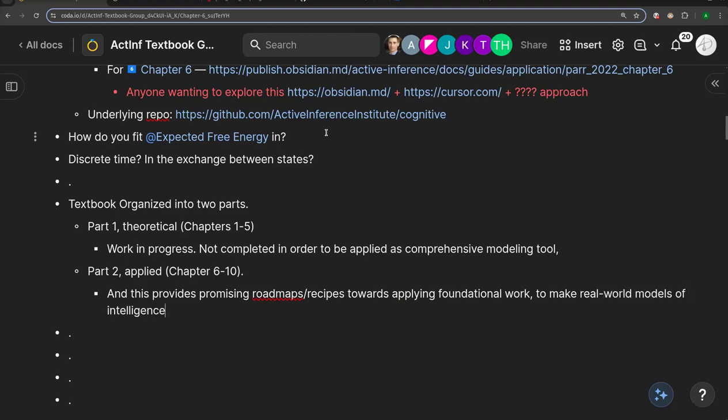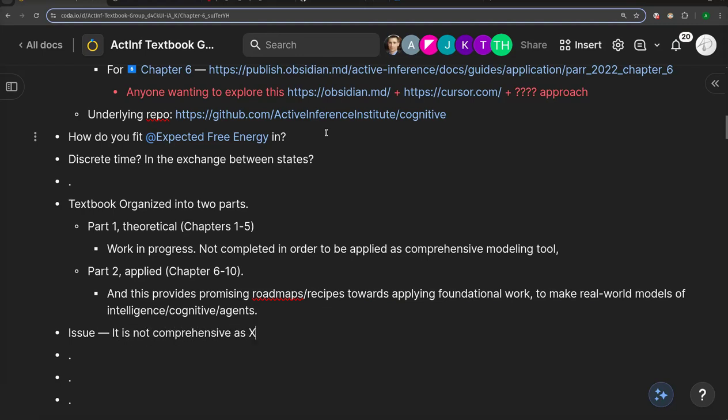I think it's important to keep that in mind because in many textbook groups, I've seen people raise this issue as to, well, it's not as comprehensive as we thought as a modeling tool.